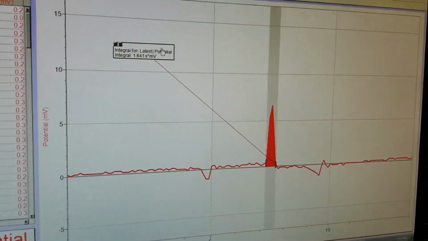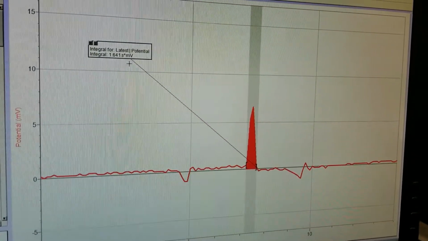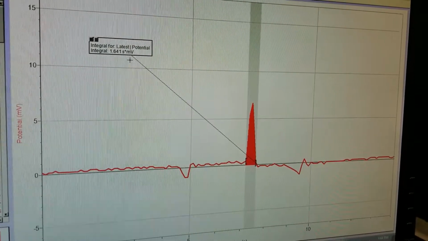The impulse for this one is 1.641 millivolt second.